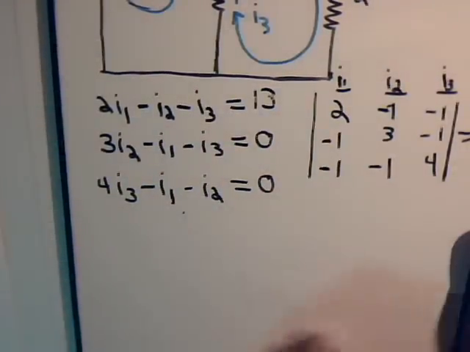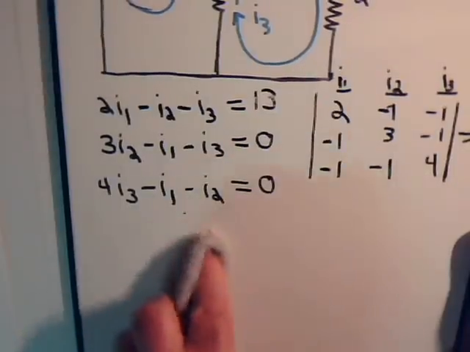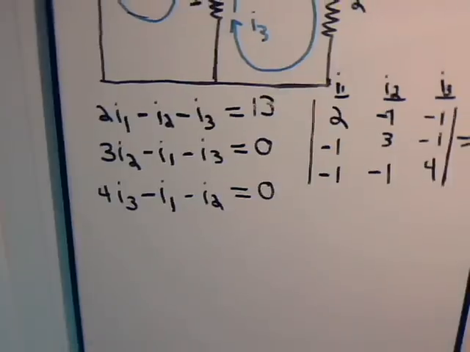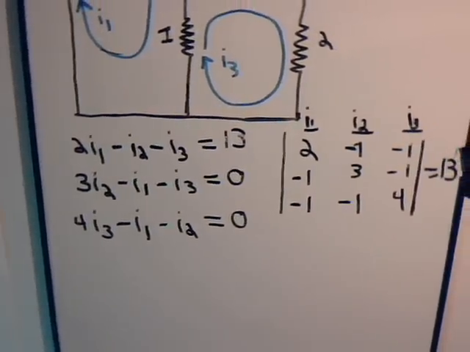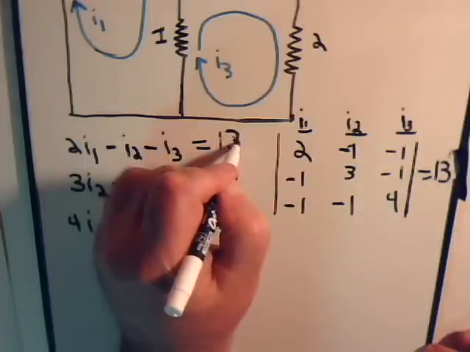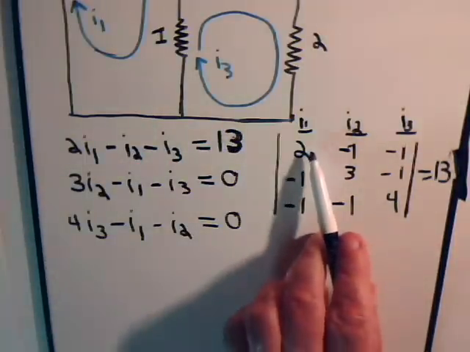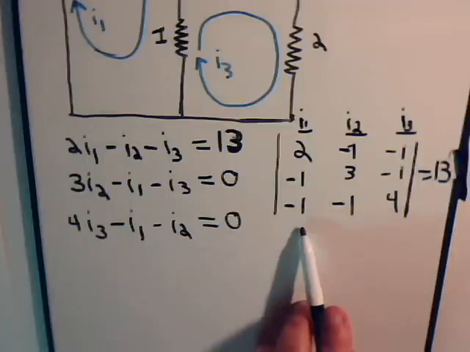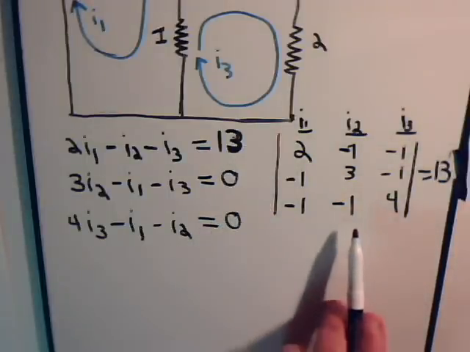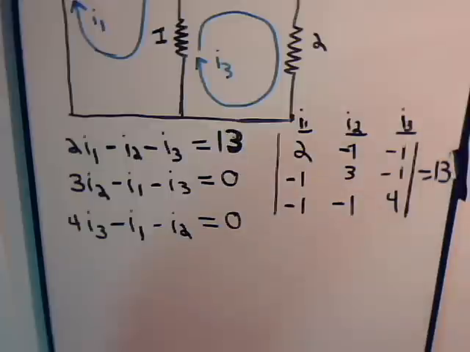And again, it's the same deal as what you saw us do in the previous videos. To determine I1, we replace this column with this column, 1300. Leave these two columns alone.